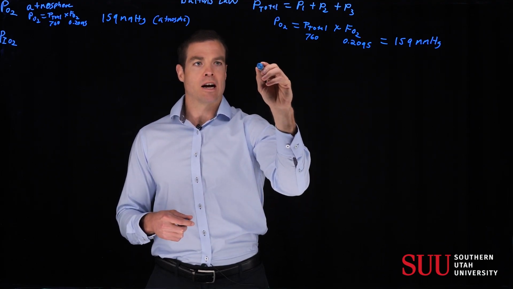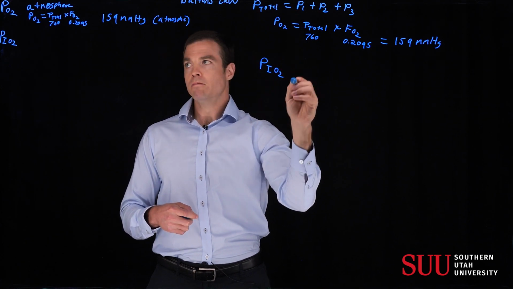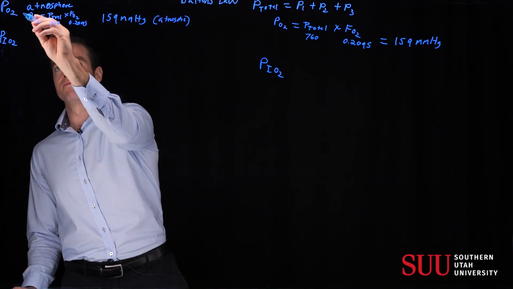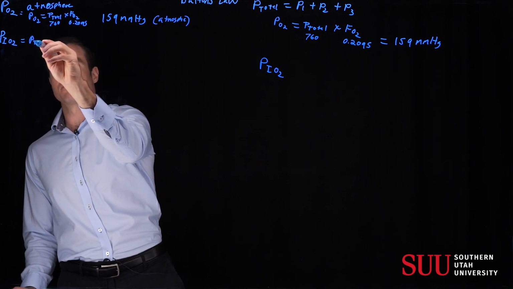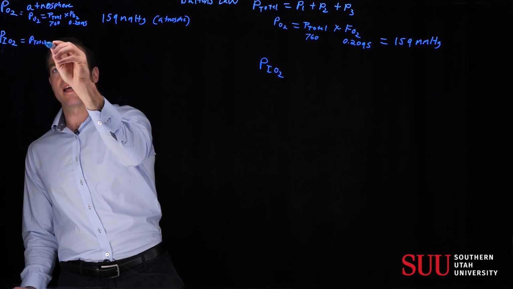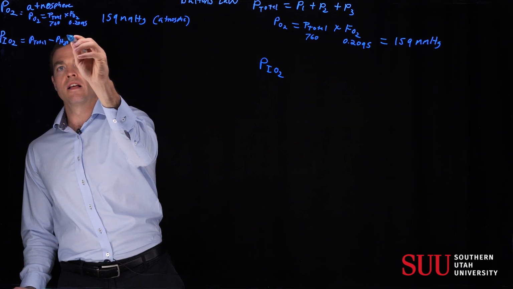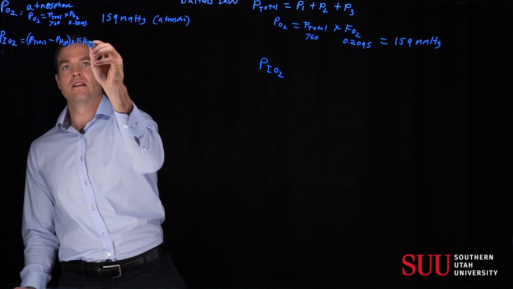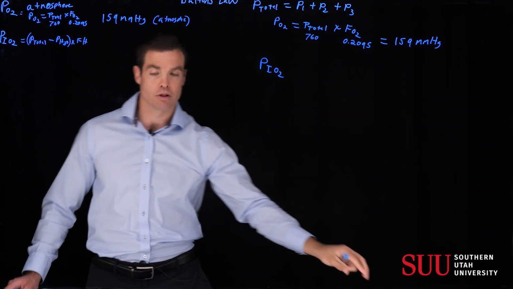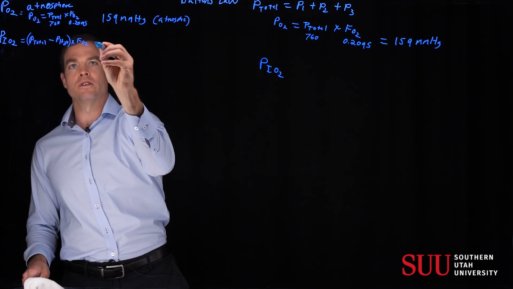So in order to figure out what the PiO2 is, PiO2 is going to equal our total pressure, subtract the water pressure, H2O, and then multiply that by the fraction of O2.